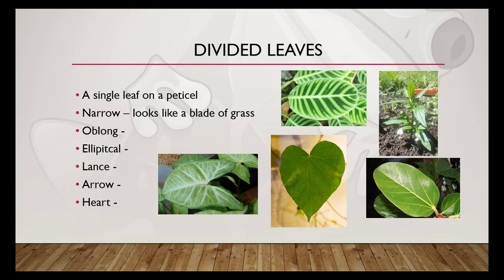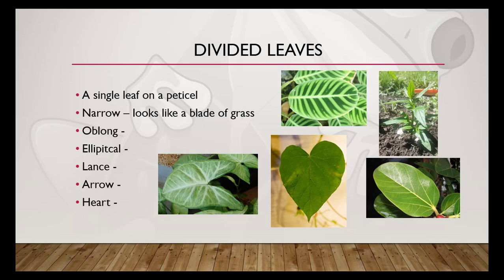You'll use terms like narrow, like a piece of grass, oblong, that looks like a football, elliptical, that is somewhat fatter in the middle and narrows at both ends, oval, meaning much fatter in the middle, more rounded. Lance shape is a leaf that is fatter on the bottom and becomes pointed at the top, sort of like a sword. Then there are egg-shaped leaves, arrow-shaped, heart-shaped, and a few other descriptions of the shape of leaves. These will help you in your description of the plant you're searching for.